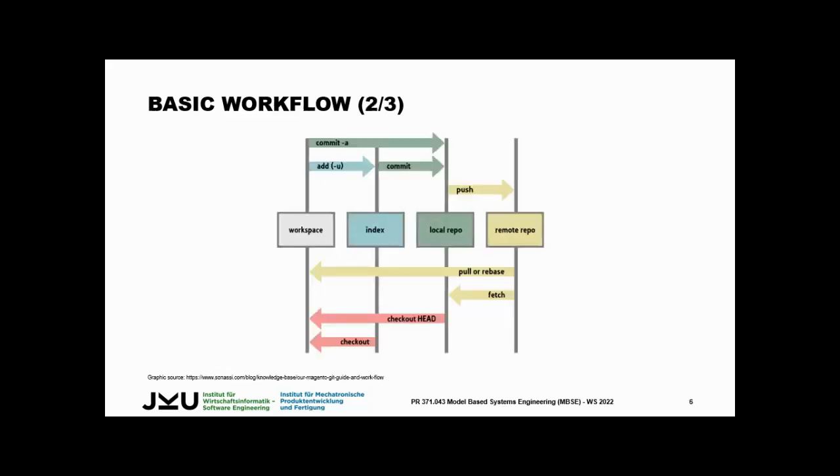So then in a little bit other way, from the workspace, you can do a commit directly. So you will add it in the index and make the commit. You can also do it in one way. From the local repository, you have push to the remote repository. And then, of course, you also want to get the new things from the remote repository.